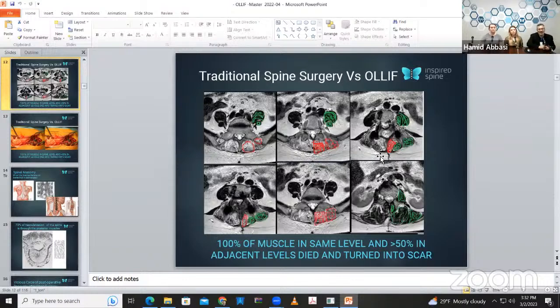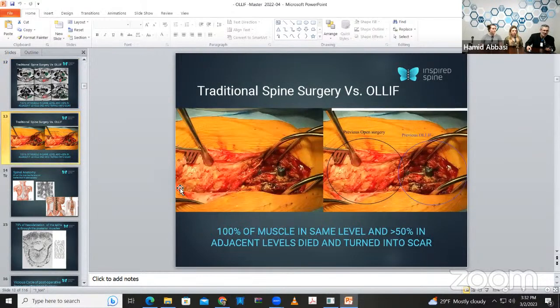Practically, with the traditional spine surgery, we render spine physiologically dead. We kill the muscle, and then we send you the patient, we say, deal with them. So it is really not much to deal with once you remove all the muscles, you remove the bone that the muscles are attached, and at the end of the day, those muscles turn into this.